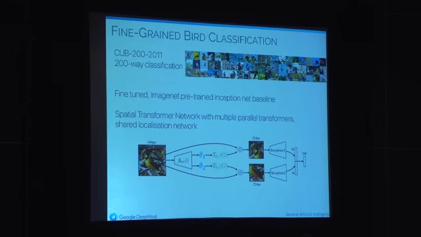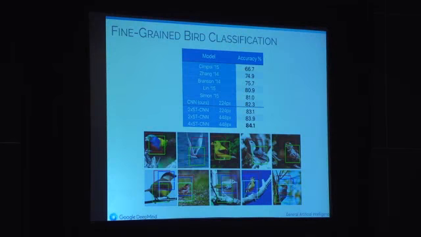So we have multiple transformers in parallel acting on the input image. The output of each of these transformers is then fed to its own inception architecture, whose features are concatenated and fed into a final 200-way linear classifier. And again, we get state-of-the-art results here, even though we have a very, very strong CNN baseline.